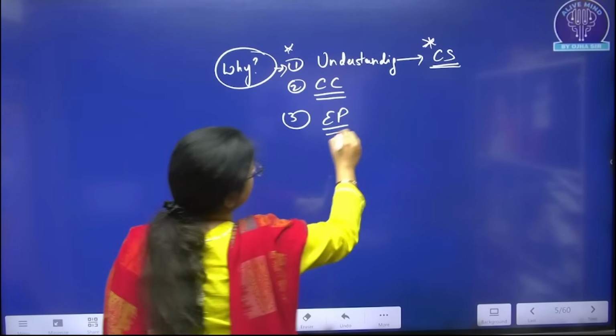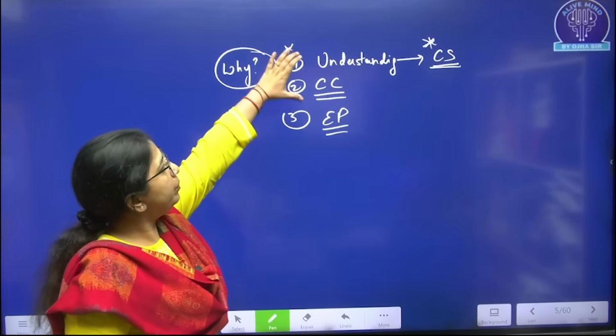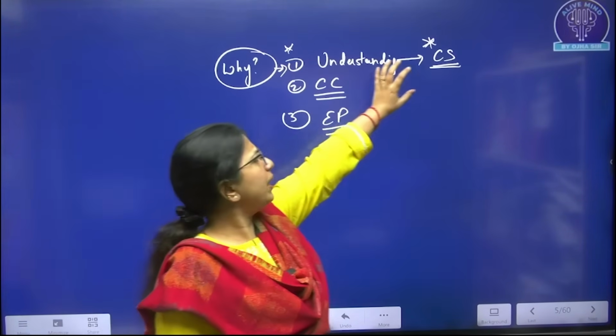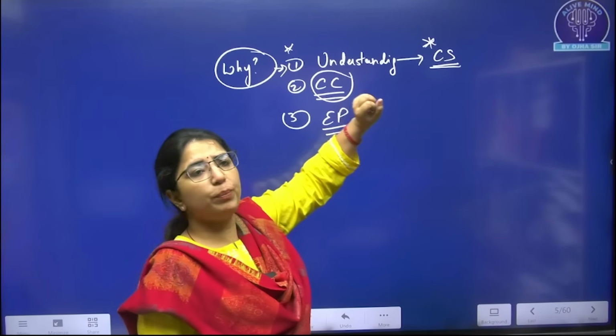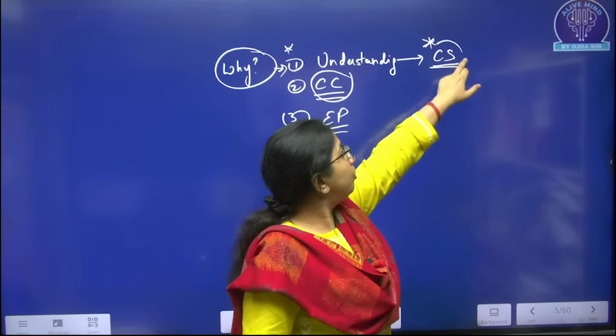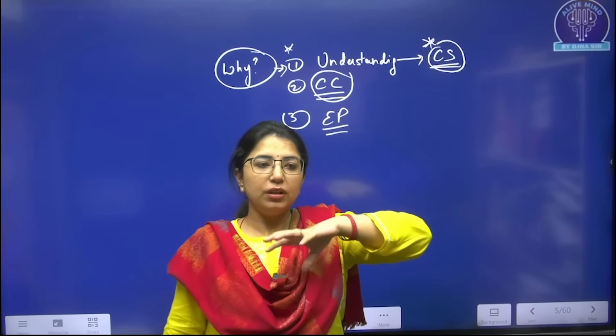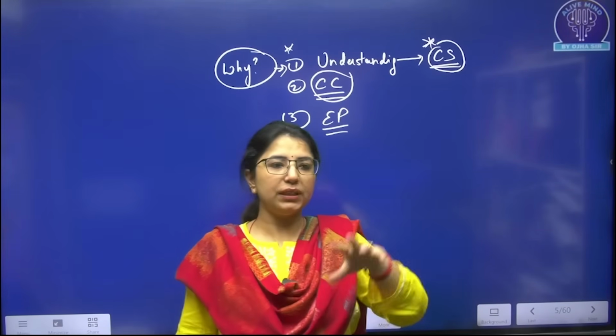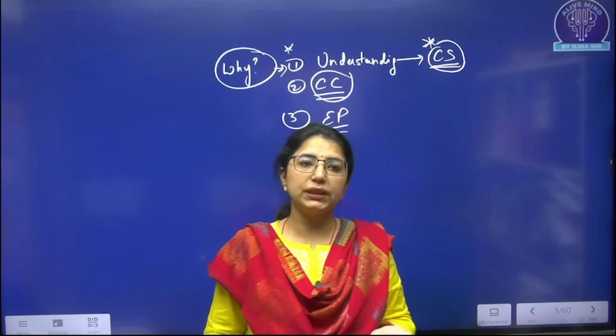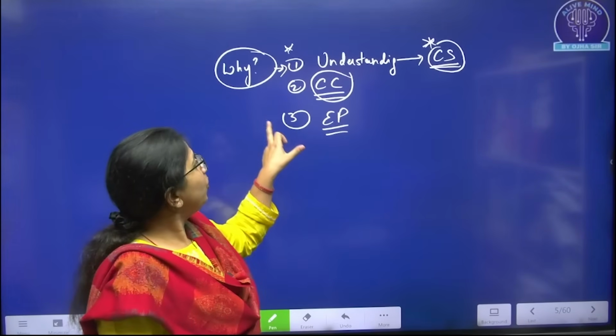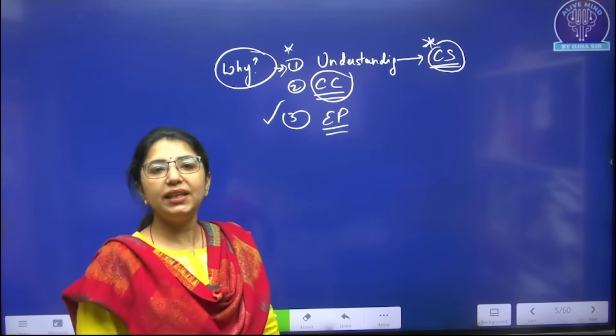And the third thing is the elimination process. Now you know the topic and you understand the theme of the topic. You have developed the common sense that they can ask this type of question in 4 ways. And then you'll be able to eliminate the options.